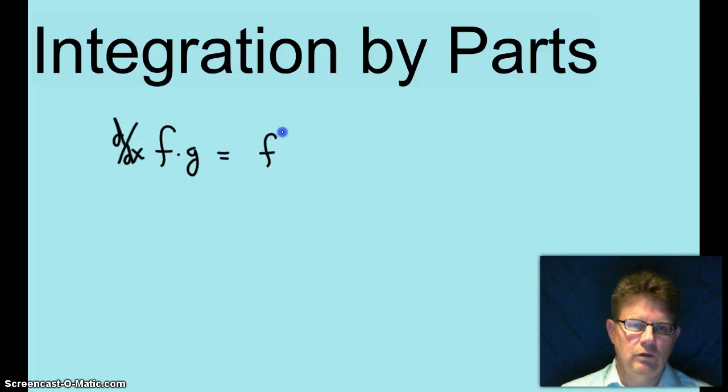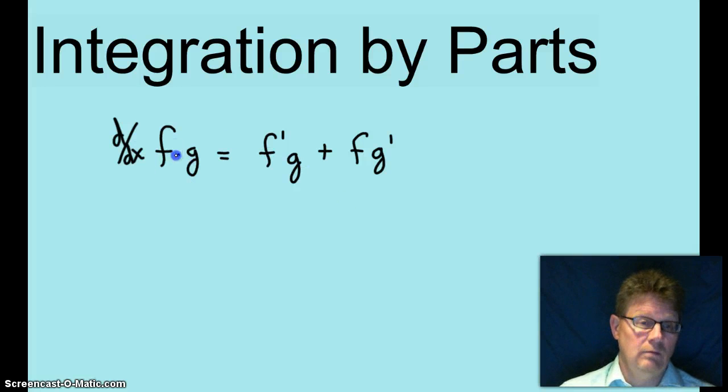Derivative of the first one times the second one plus the first one times the derivative of the second one. Okay, there is the product rule shown for you one more time.